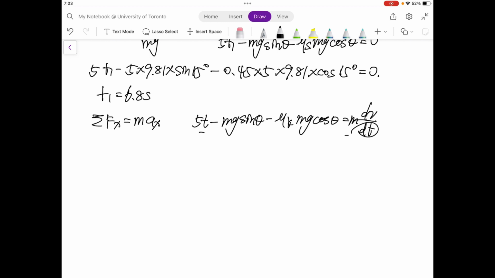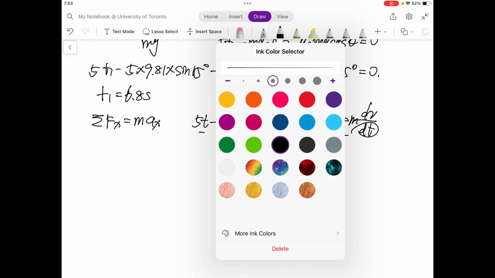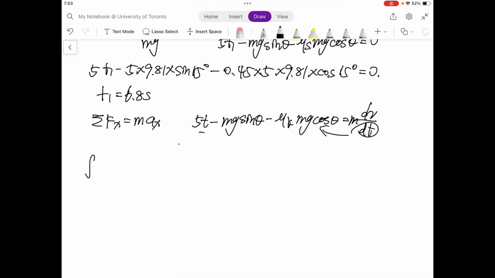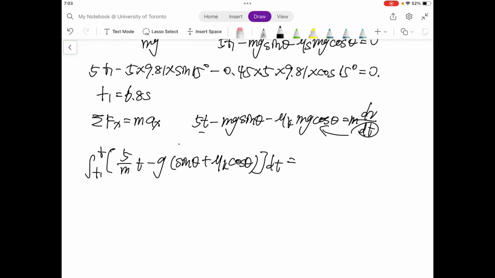And so we can move dt to the left side of the equation and take the integral. So I have the integral from t1 to t of (5/m)t minus g(sine theta plus μk cosine theta) dt is equal to the integral of dv from 0 to v.